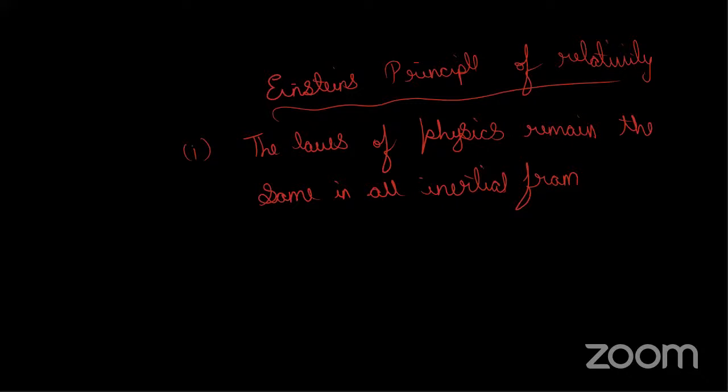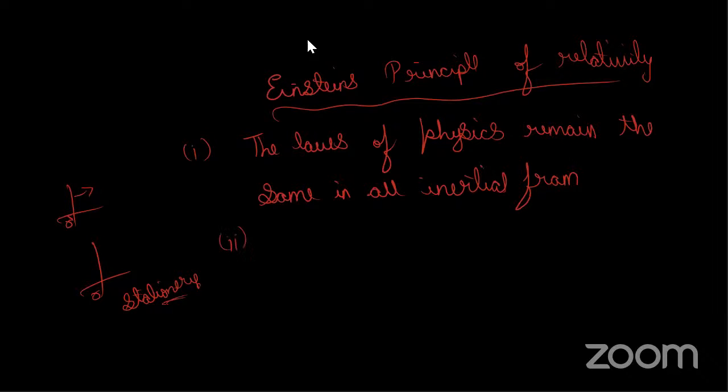So if O dash is moving, and a person is doing the experiment in that moving inertial frame, the laws that apply for him will be the same for an observer who is at a constant place, that is stationary. So that's what Einstein said in his first postulate.